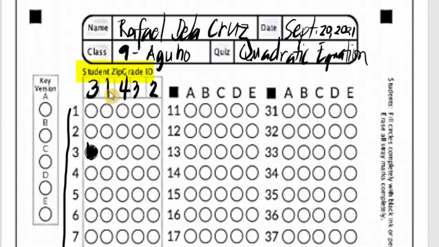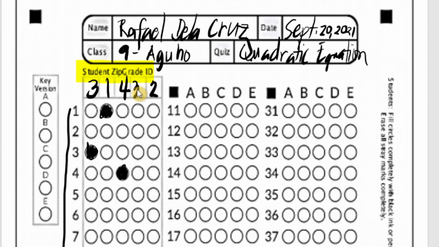Careful in doing such. Then we have the 1. Then the 4. So we are looking for the 4 here. The column here is 4 and the row here is 4, so this must be shaded. The 4.